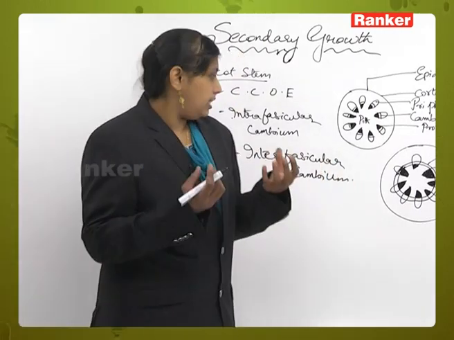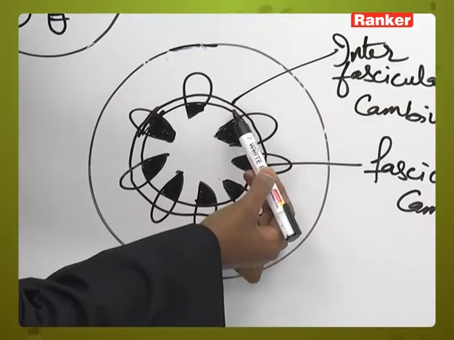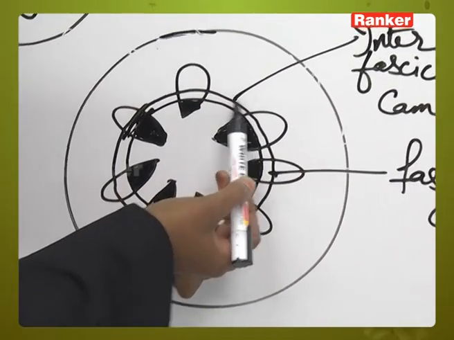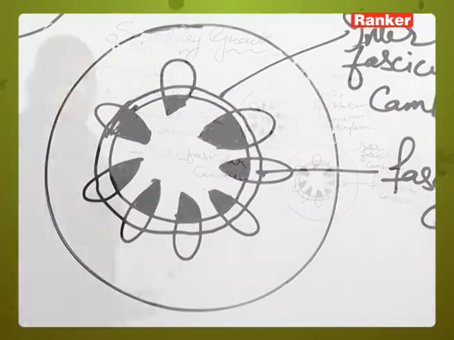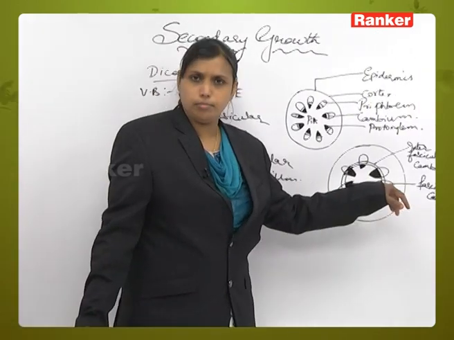Altogether, this is called fascicular cambium, and this in between the two fascicular cambium is called interfascicular cambium. So, there are two types of cambium formed here, interfascicular and intrafascicular cambium.